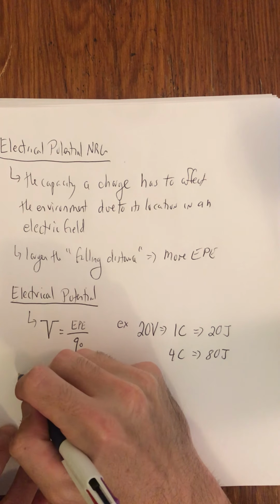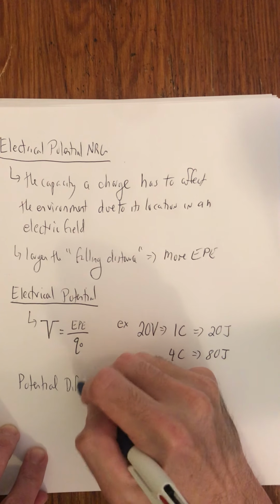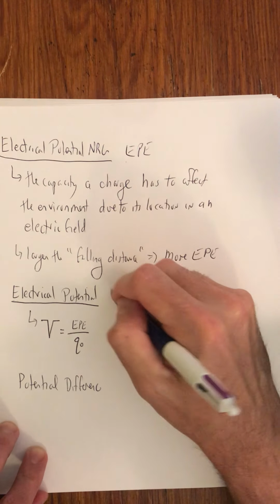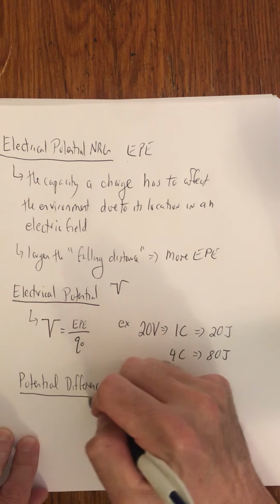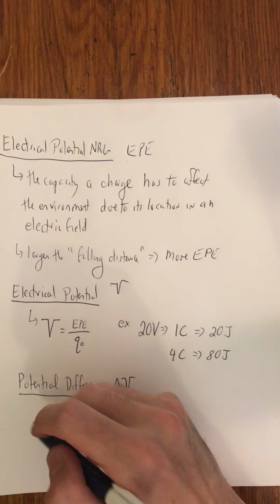And then we had the notion of potential difference. Actually, let's just do symbols here. EPE, V, and then delta V. Delta V was different than electrical potential, although obviously related, because V describes the location in space.